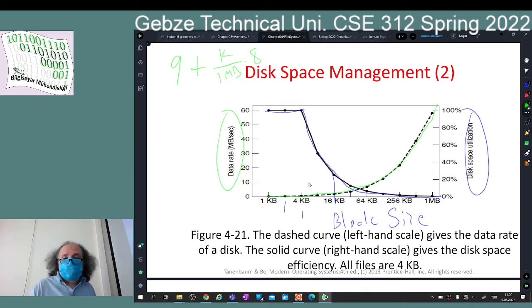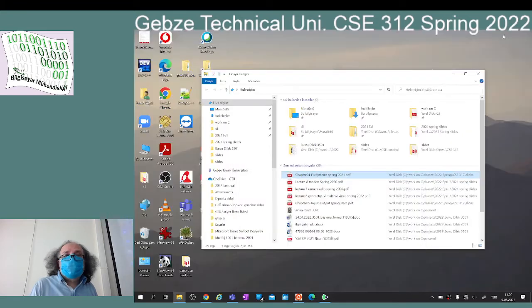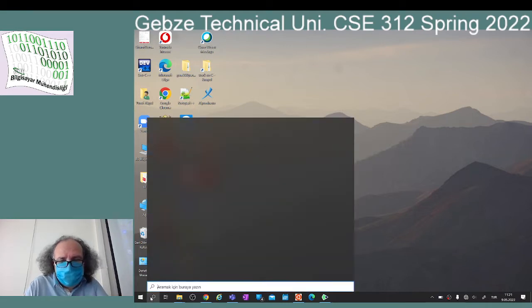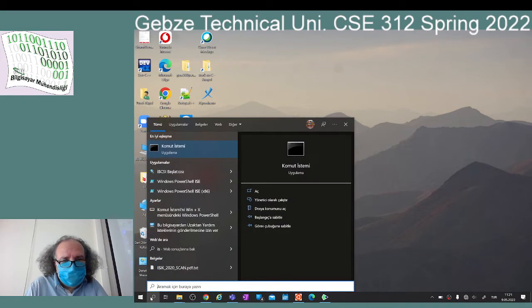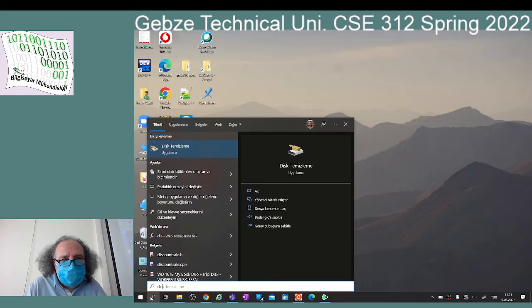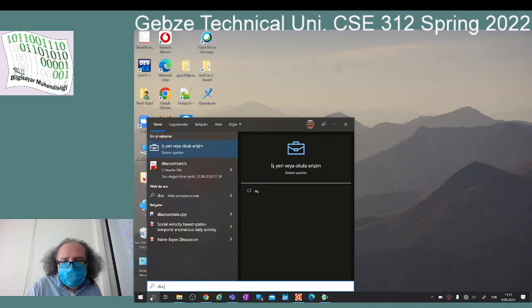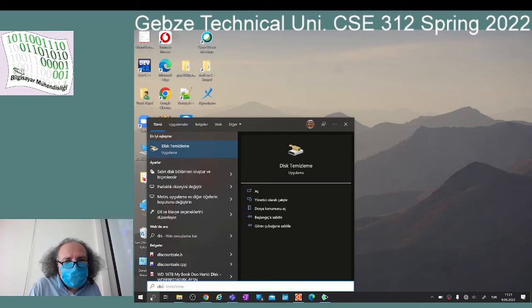You can specify it, or if you like, I think you can. Do I have my disk utilities in here? Do you guys see any disk utilities? I think I had one. This disk, something disk. I forgot the name of that utility.